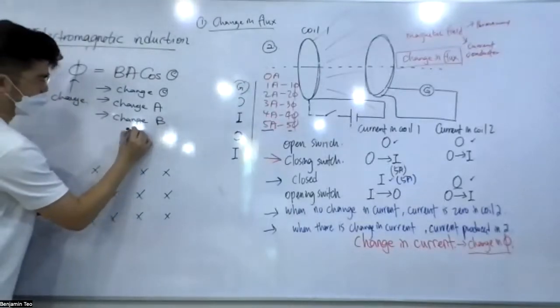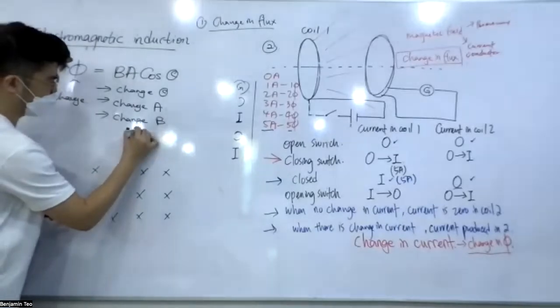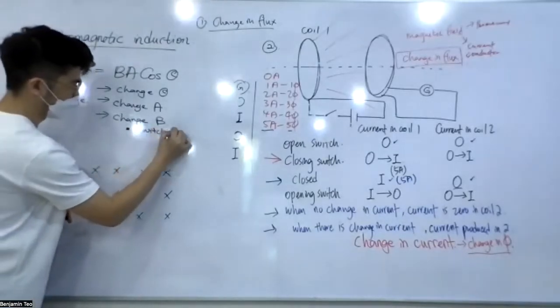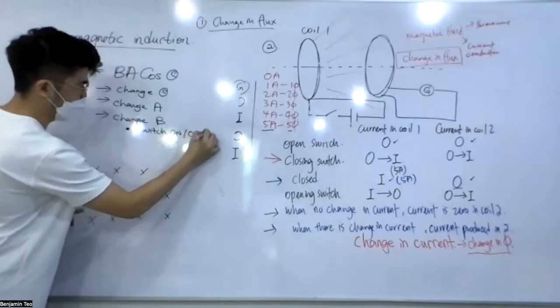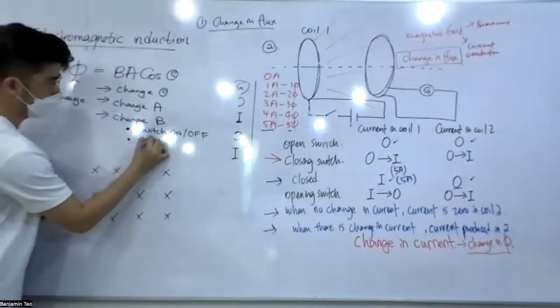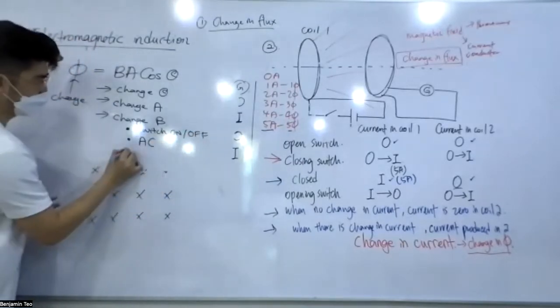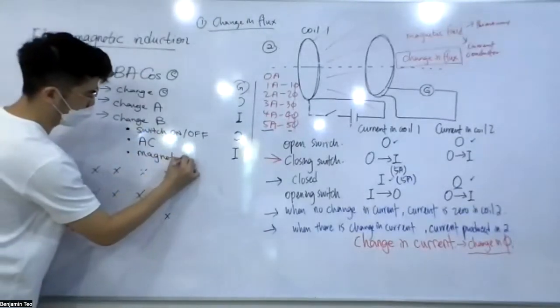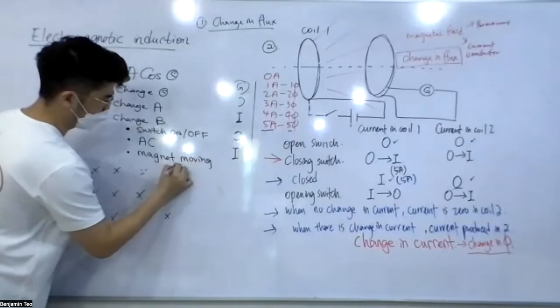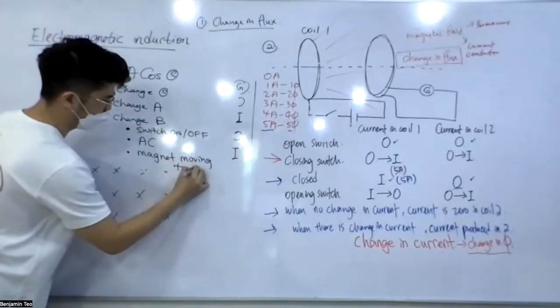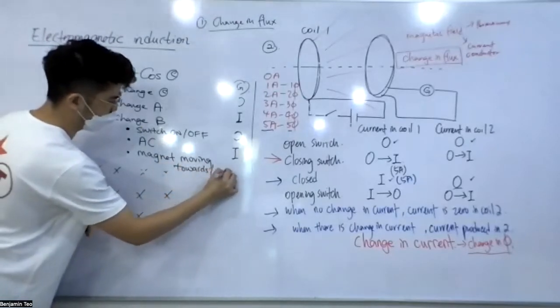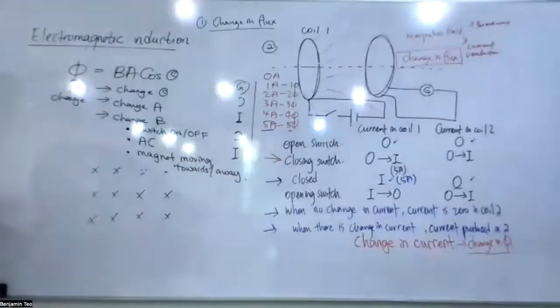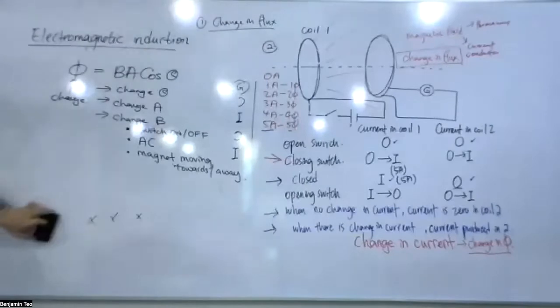It can be the switch on and off, or AC current, or magnet moving towards or away. Okay, so these are the ways that we can produce the change in magnetic flux.